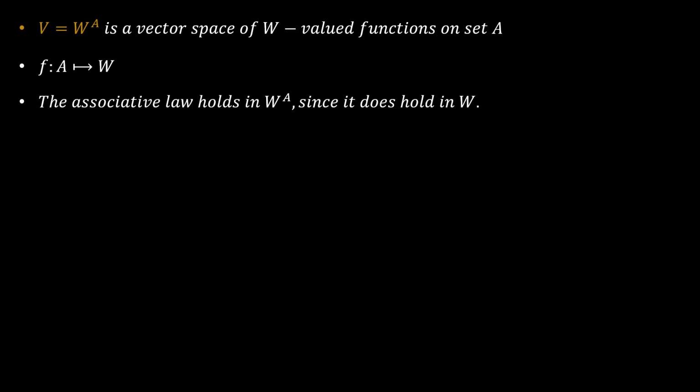Now, there are these amazing laws that we deem to hold in a vector space. One of them is the associative law, where if you have functions f, g, and h, then f and g grouped together, added to h, is the same as f plus g and h grouped together.